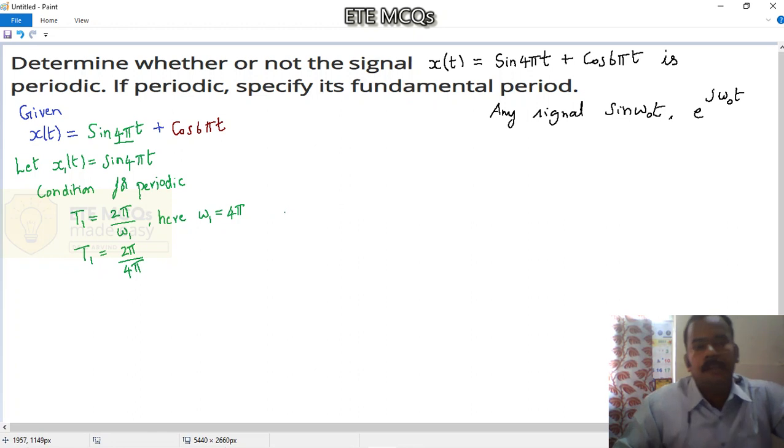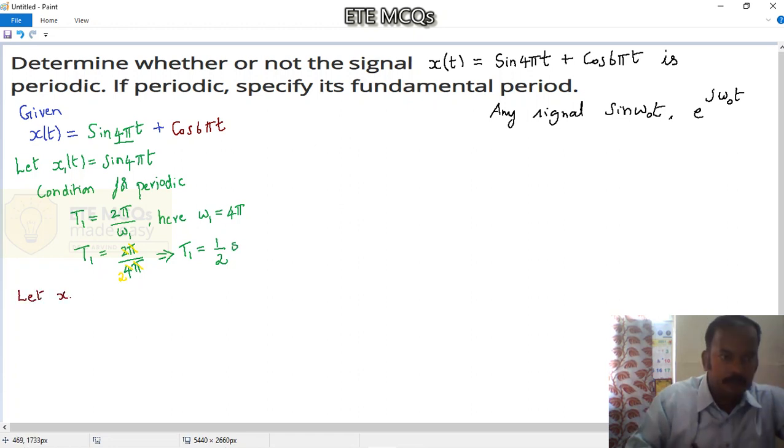Upon cancellation of pi and pi, and 2 and 4, you will end up with 1 by 2. So the fundamental period of the first signal is 1 by 2.